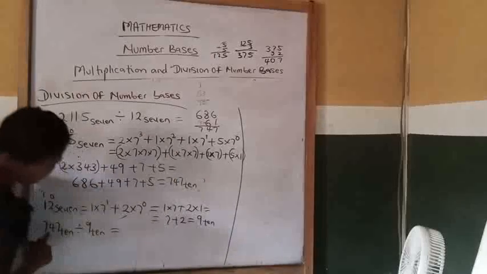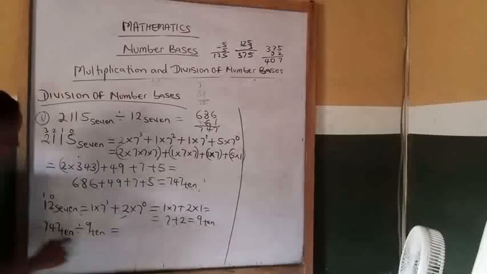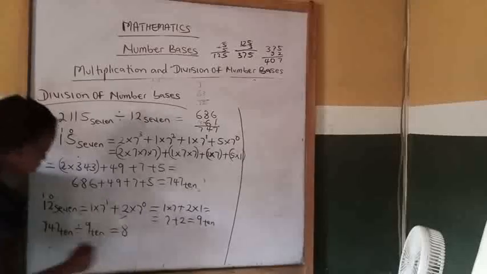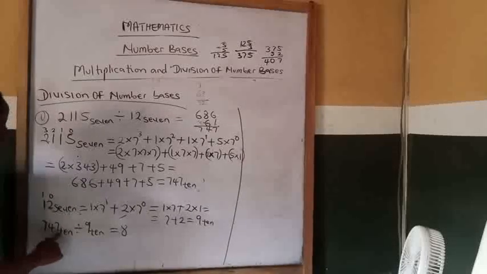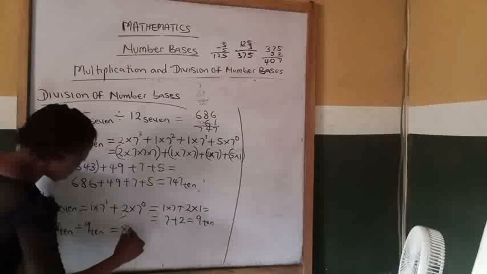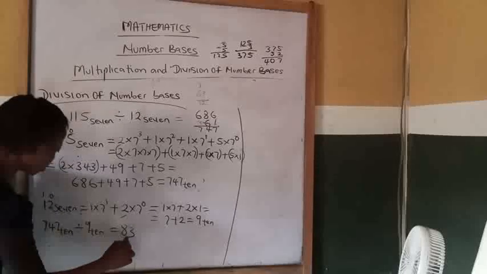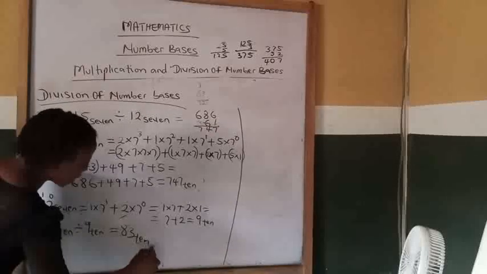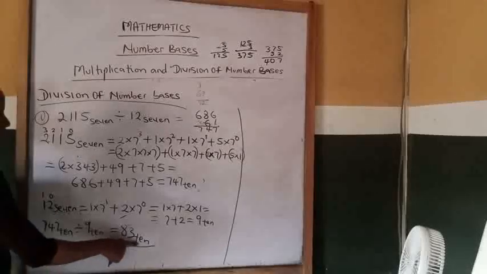So 9 goes into 74 eight times, remainder 2. Then in 27 we get 3. So the answer in base 10 is 83. Therefore, we convert 83 base 10 to base 7.